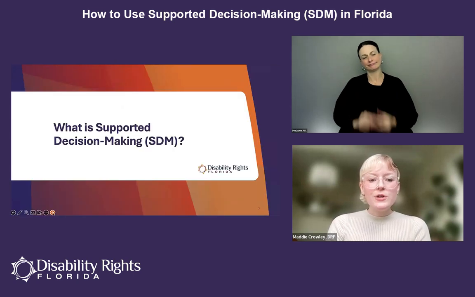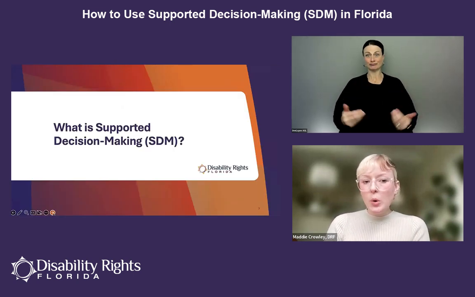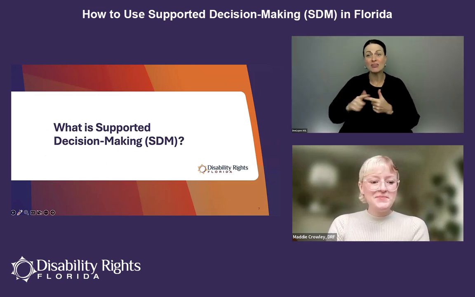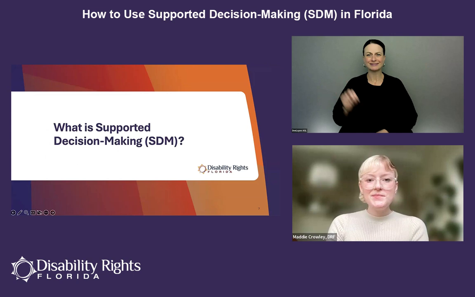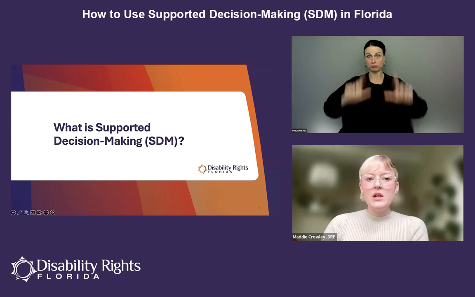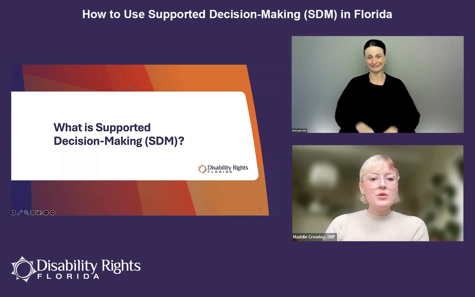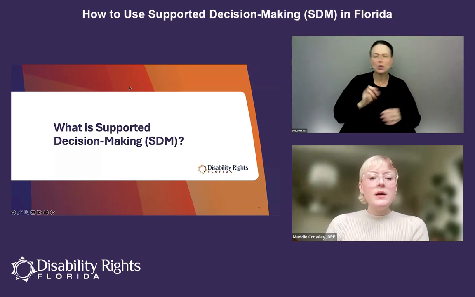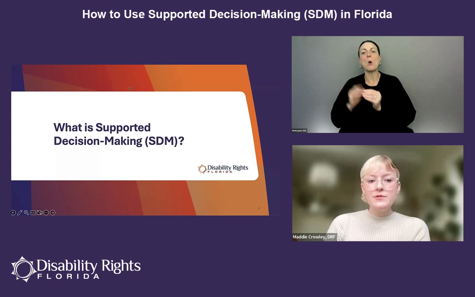So without further ado, we're going to do one quick poll question and then we'll pass it over to Morgan. I'll read the poll question aloud. It should pop up on your screen right now. The first question here is, what kind of decision or decisions have you made using the advice of someone else?